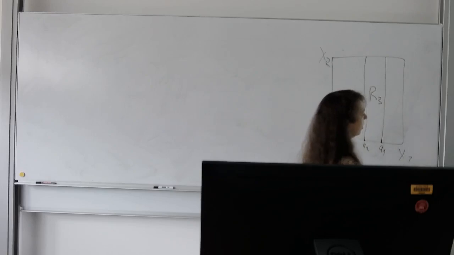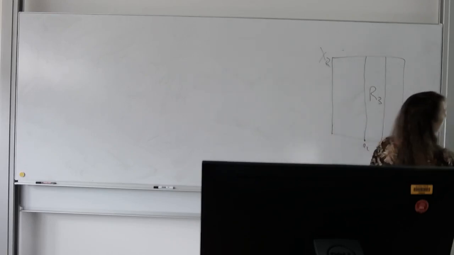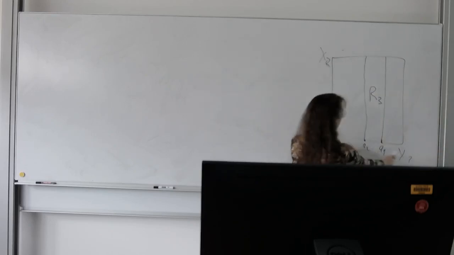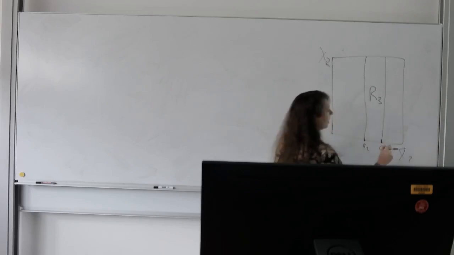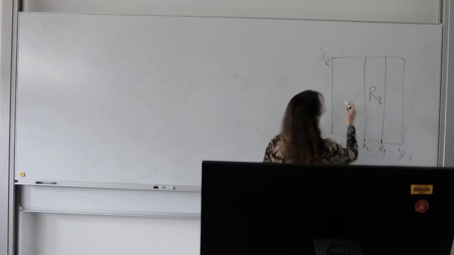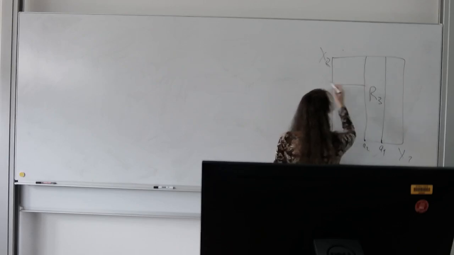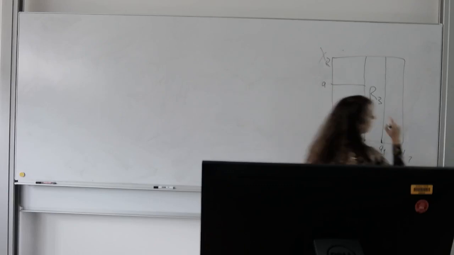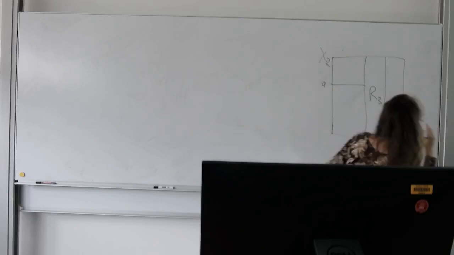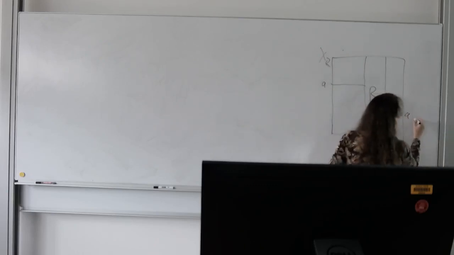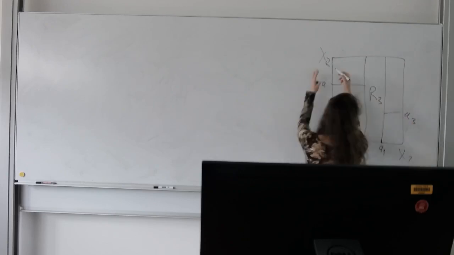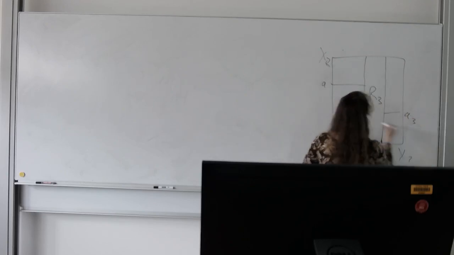Then we have the second partition, so we stopped asking on this feature. We are now asking on the x2 feature, and this will be the next question, a3, whether x2 is less or equal to a3, and here is the fourth.